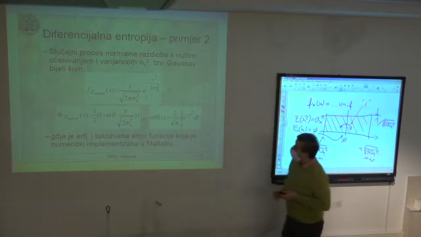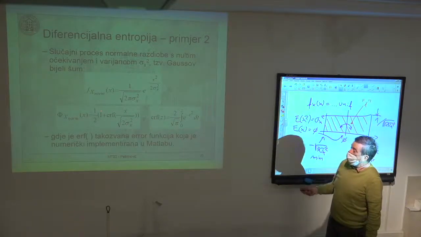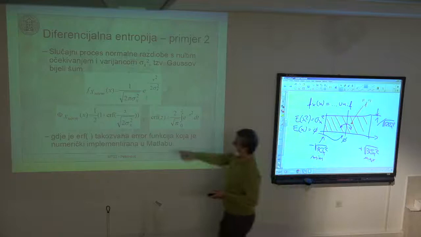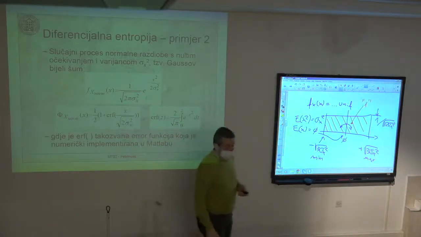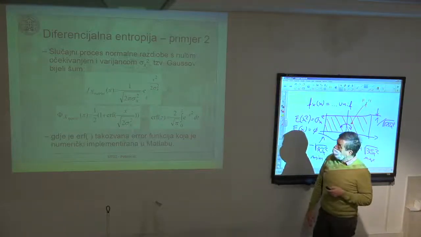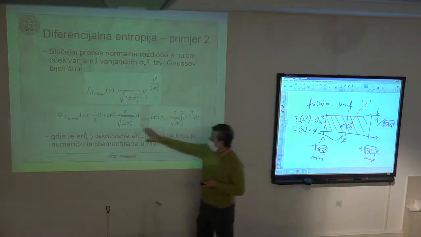Okay, and if I have this PDF, I can also find the cumulative density function, the CDF, and this CDF is defined by the so-called error function. This is known as the error function, erf. There is also the complementary error function, erfc. But what we need so far is only the error function.